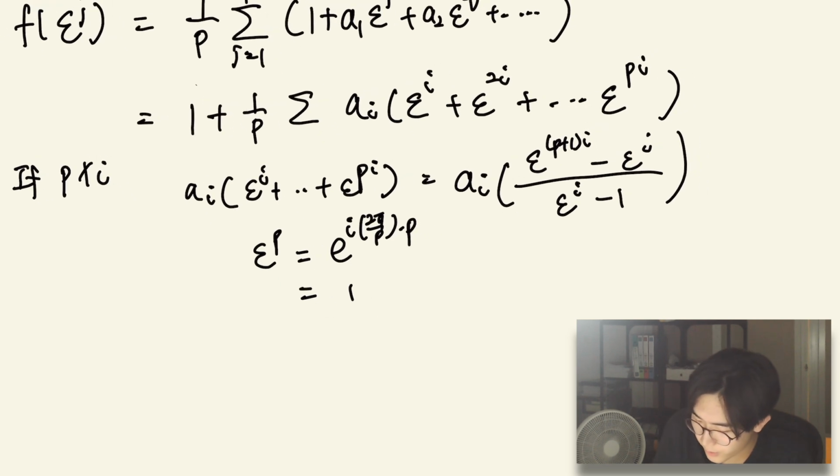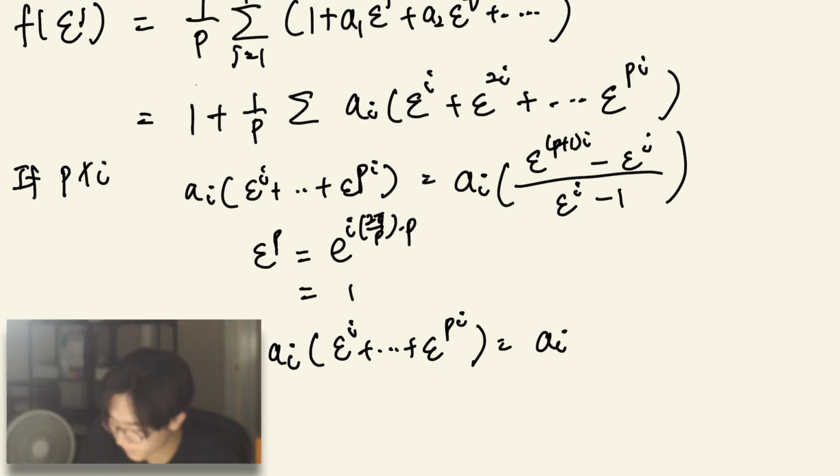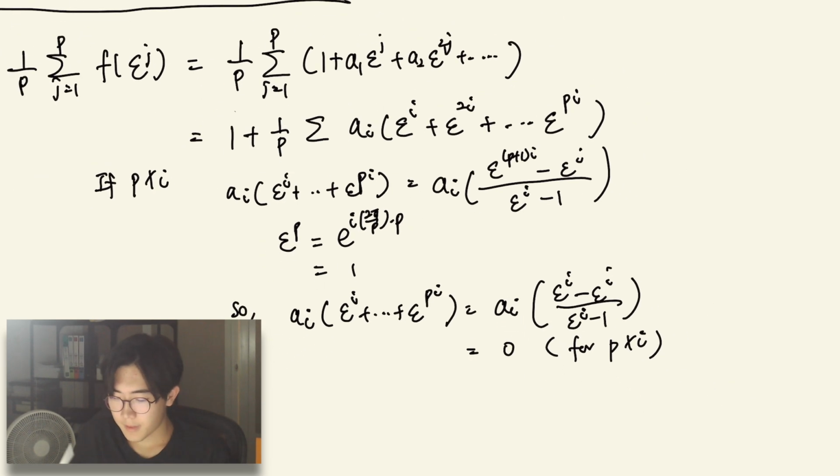So this will evaluate to a_i times (sigma^i minus sigma^i) divided by (sigma^i minus 1), which would be equal to 0. This is for i not divisible by p.